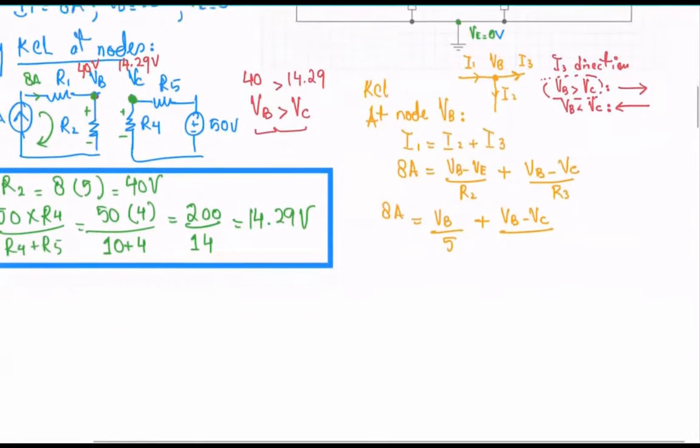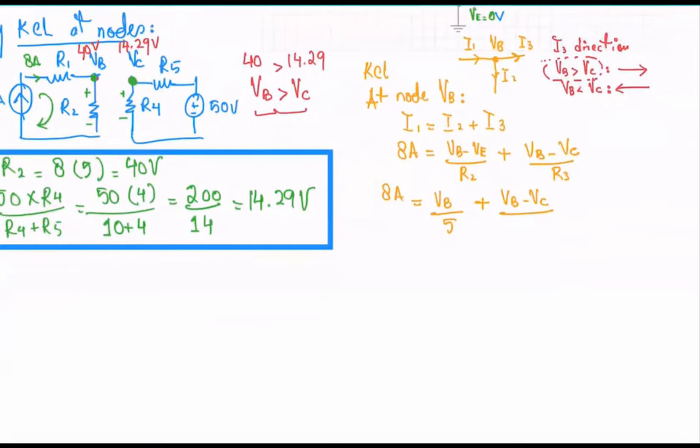R3 was 5 ohms also. If I multiply this whole equation by 5, I get 40 amps equals VB plus VB minus VC. If I rearrange this equation, I get 40 amps equals 2VB minus VC. I'm going to call this my equation 1.